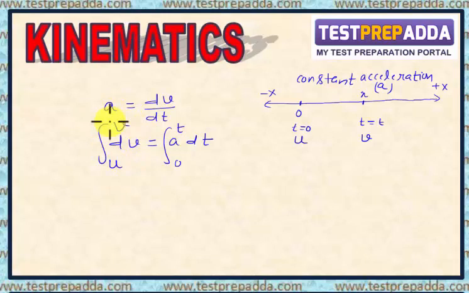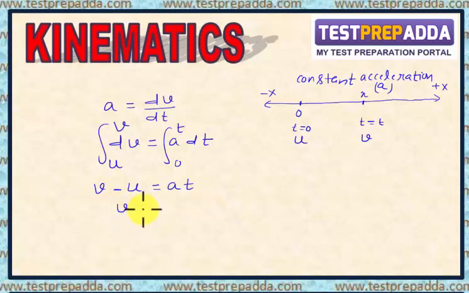If you integrate this, we get v minus u is equal to, since a is constant, we take it out of the integral, it becomes a, and integral dt is t with limit 0 to t, so finally it comes as at.